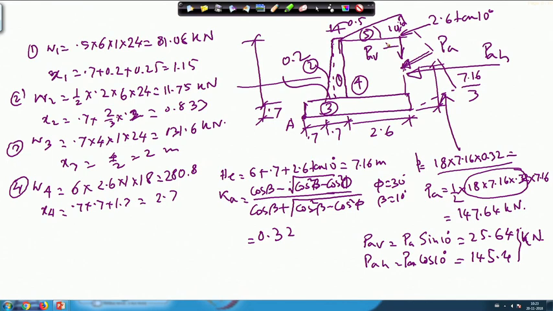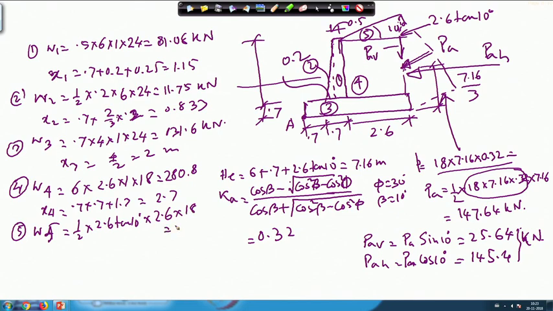and suppose x 5, component 5, that is suppose W 5, that will be equal to half multiplied by 2.6 tan 10 degrees multiplied by 2.6, and that will be area multiplied by 18.